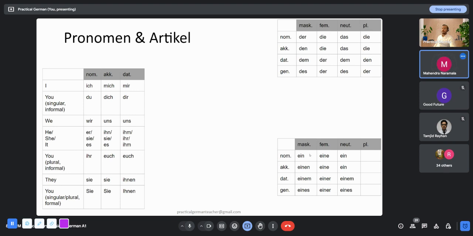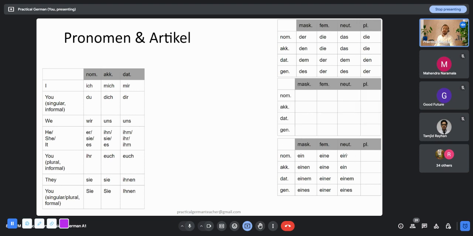So this table is for definite articles. This table is for, I'm moving my arrow, I hope you can see it, indefinite articles. Then you have negations article. He is a programmer, he is the programmer, and you want to say he is no programmer. So for no also you have article. You have kein, keiner, kein, keiner.